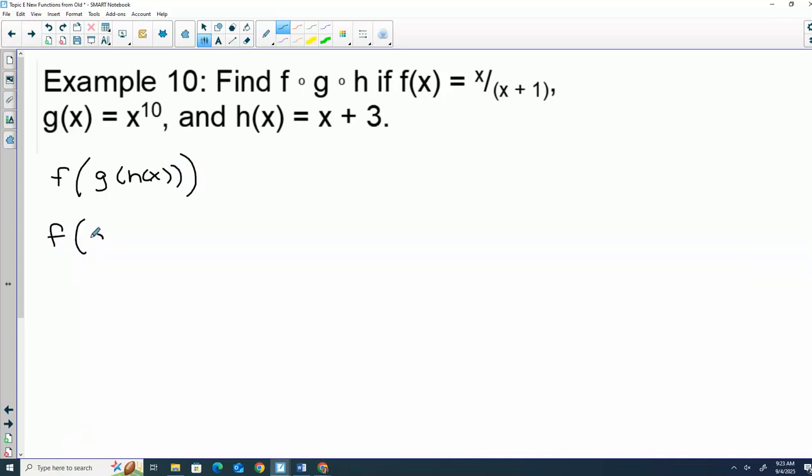So you start on the inside. H is x plus 3. I am putting that into function g. So if I plug that in, we get x plus 3 to the 10th. And then what do we do?